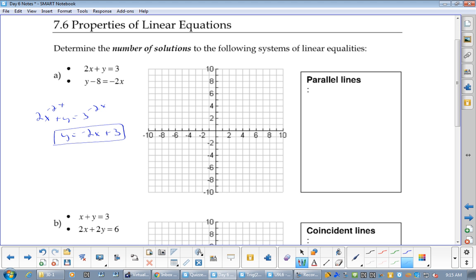Now in the second one, I want to do y minus 8 equals negative 2x. I will add 8. I will get y equals negative 2x plus 8.